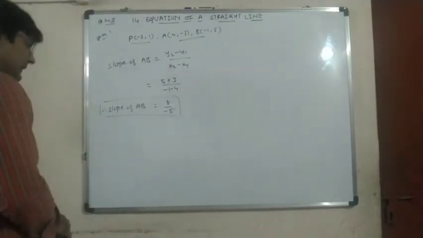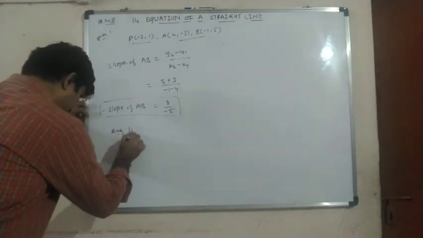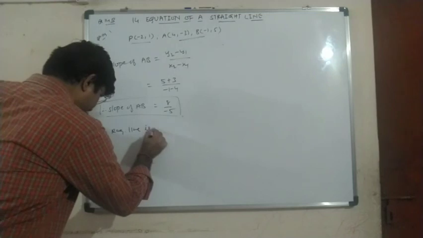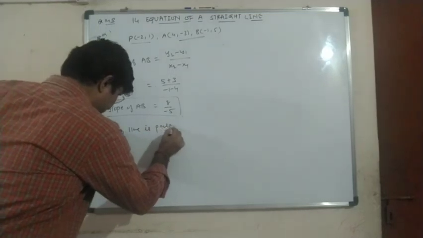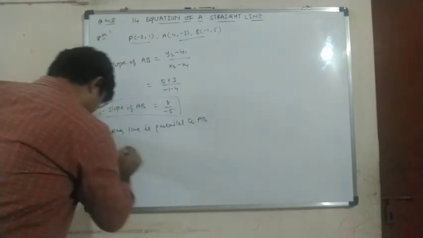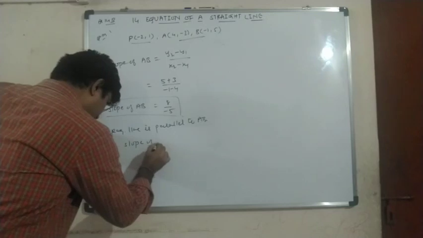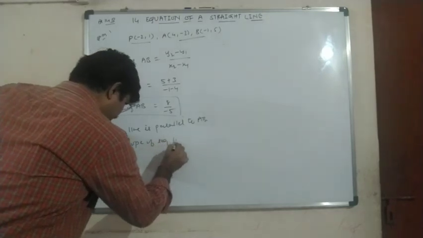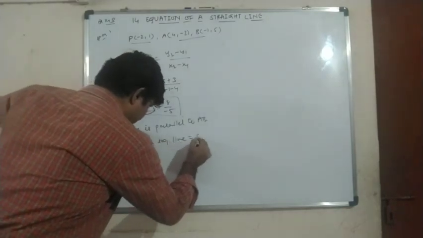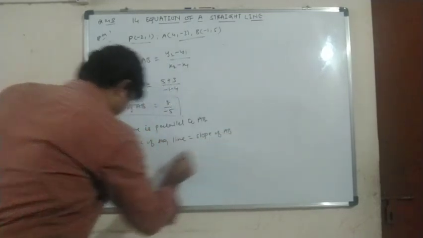Now the required line is parallel to AB, and therefore the slope of the required line will be equal to the slope of line AB.